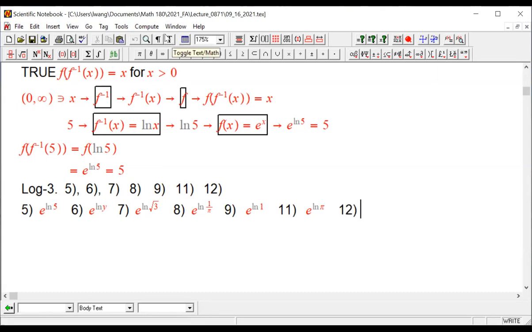Number 12, e raised to the power of ln square root of 5.